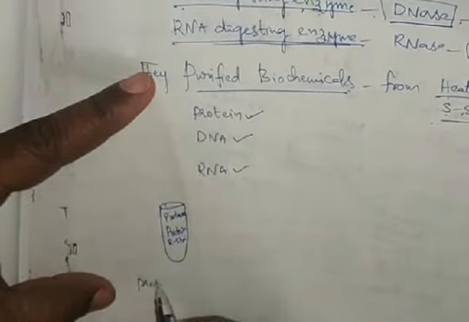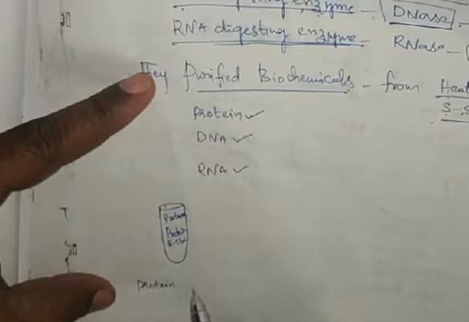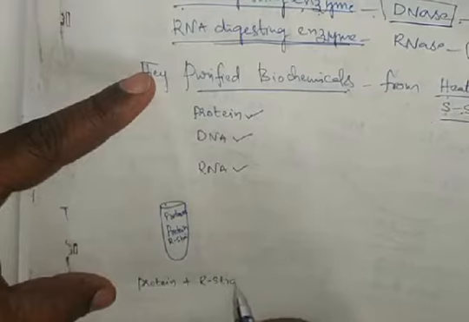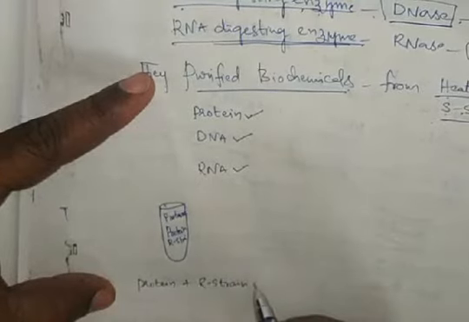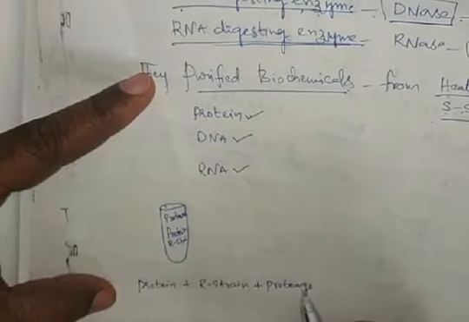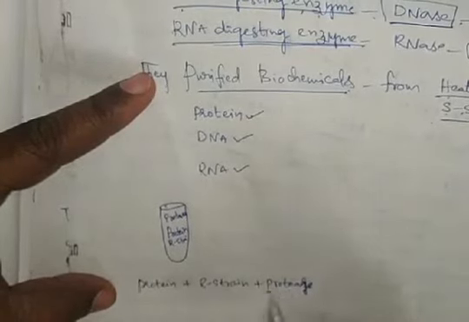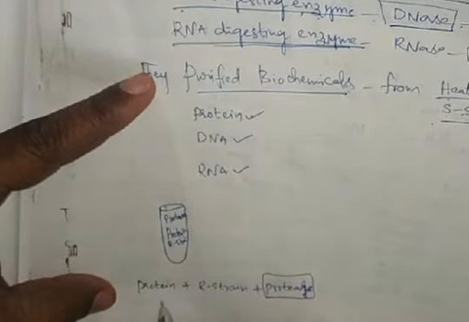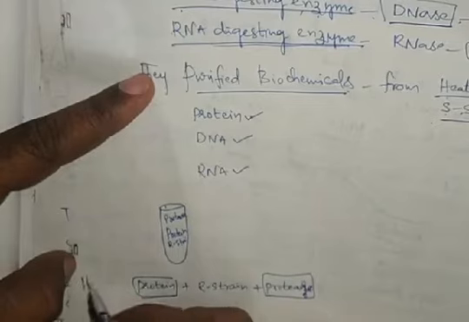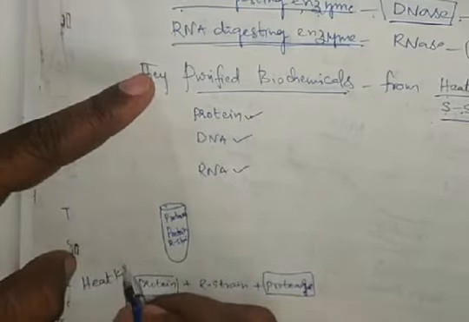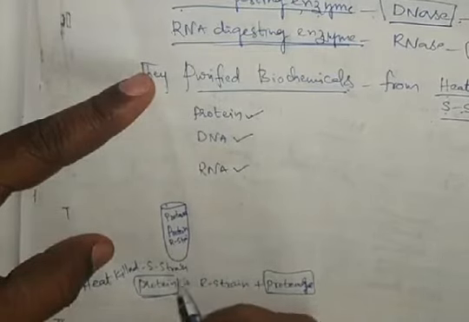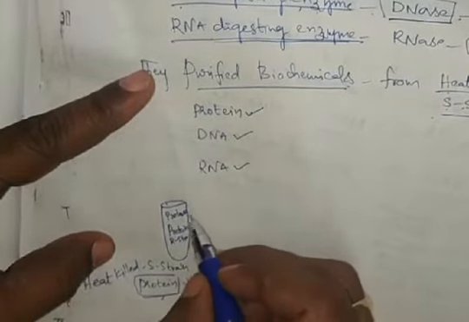Proteins of the heat killed S strain plus R strain and protease. That protein digesting enzyme is taken, along with the proteins from the heat killed S strain, and he mixed them in the test tube.